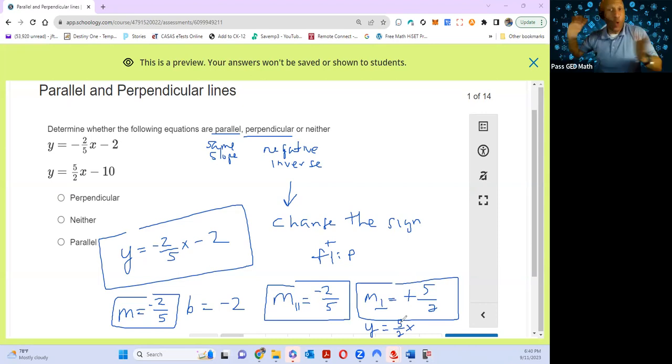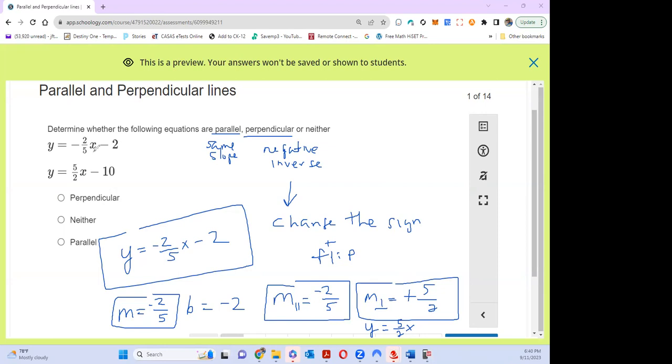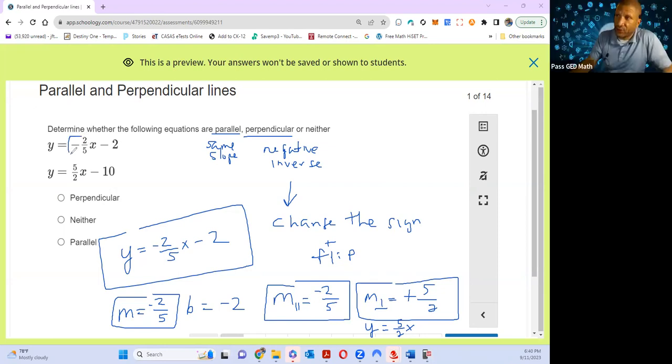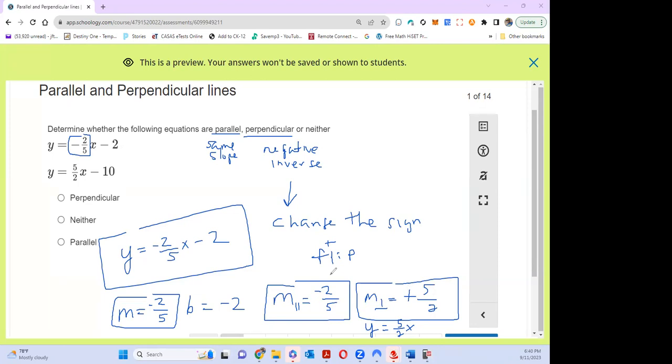It doesn't matter what that y-intercept is. To find out if an equation is parallel or perpendicular, we look at the slope. The slope is -2/5, and the slope of the perpendicular is 5/2.